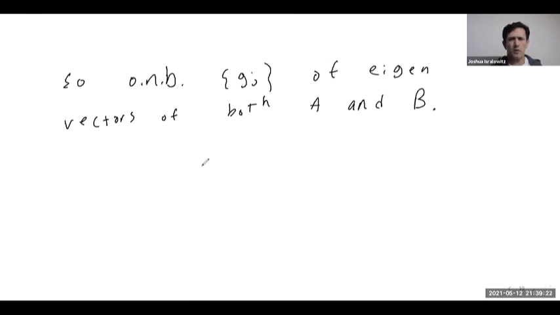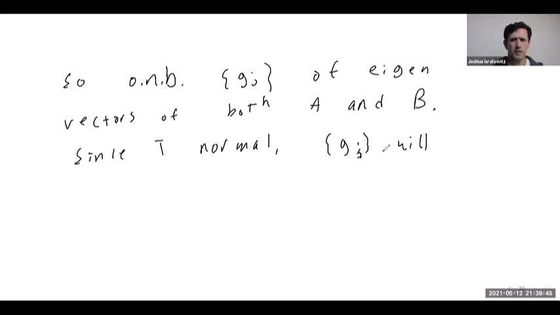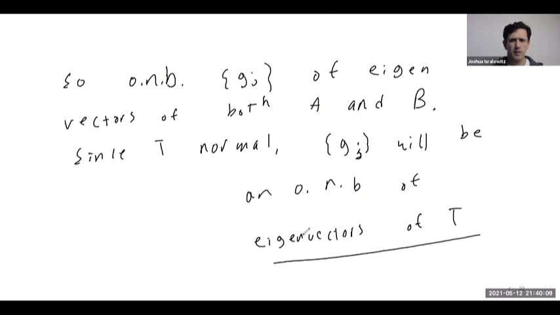that, yeah, and because T is normal, you can check that this means that since T is normal, GJ will be an orthonormal basis, or rather, it'll be an orthonormal basis of eigenvectors of T. Right.